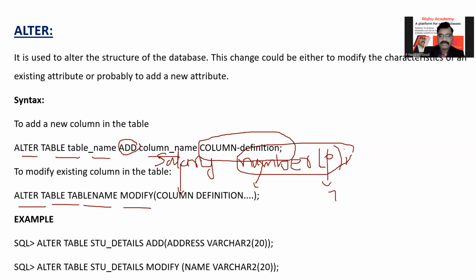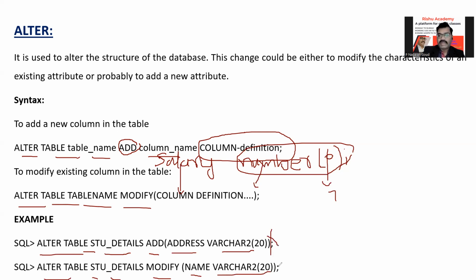That is altering. Look at the example here. Alter table student details. Here, I want to add the new column address, varchar of 20. And I want to modify: alter table students, modify employee name definition, varchar of 20, whatever you want.